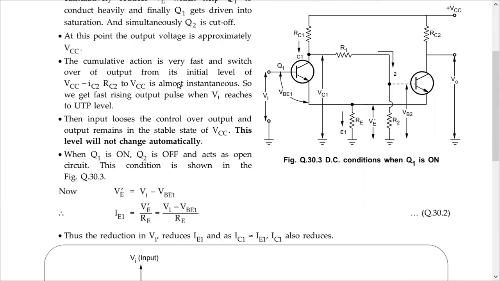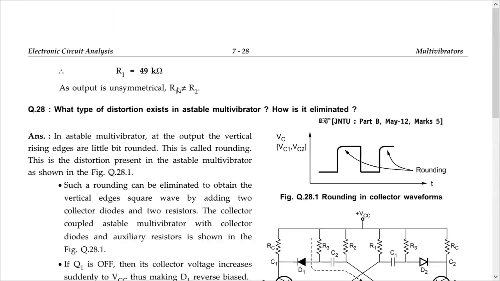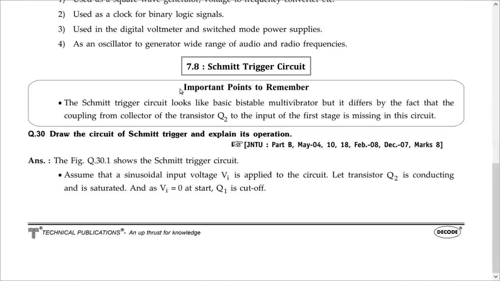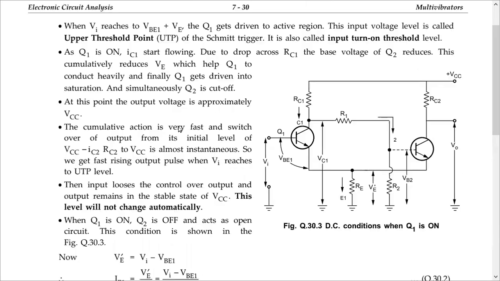We know very well that when Q1 becomes on, the voltage at its collector reduces.